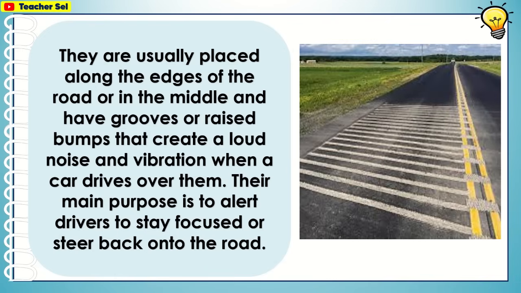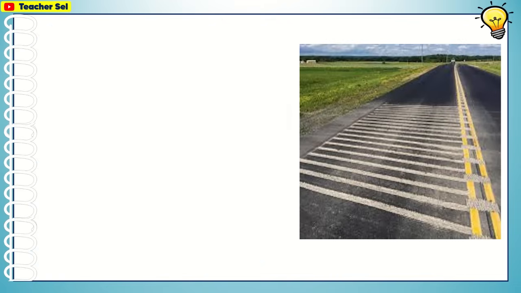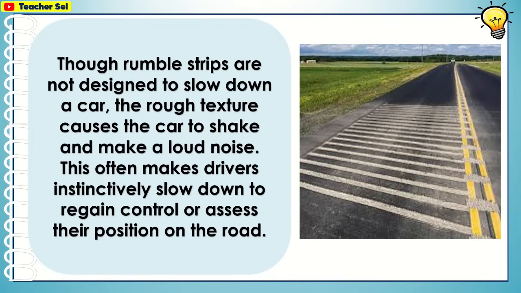Their main purpose is to alert drivers to stay focused or steer back onto the road. Though rumble strips are not designed to slow down a car, the rough texture causes the car to shake and make a loud noise. This often makes drivers instinctively slow down to regain control or assess their position on the road.